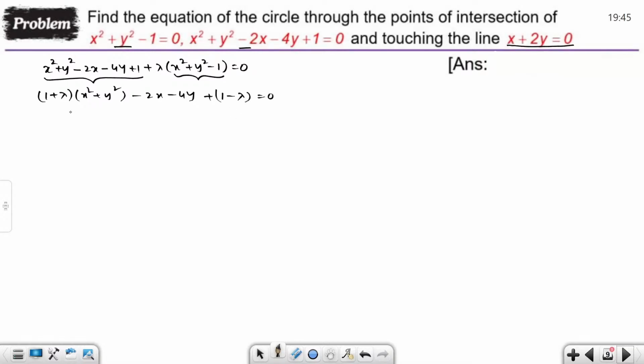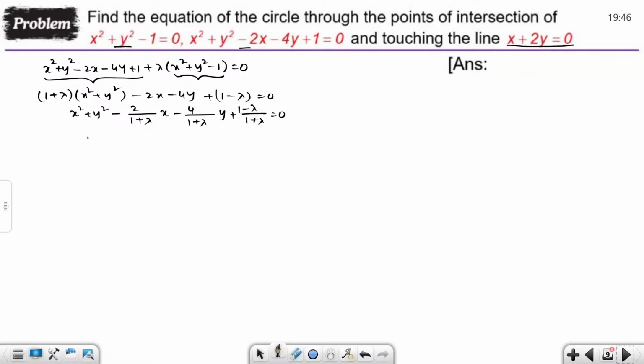Is it clear? Therefore, now this is the family of circles in the general form.